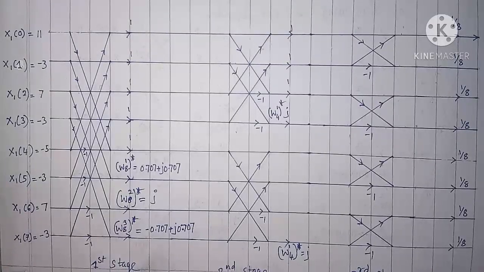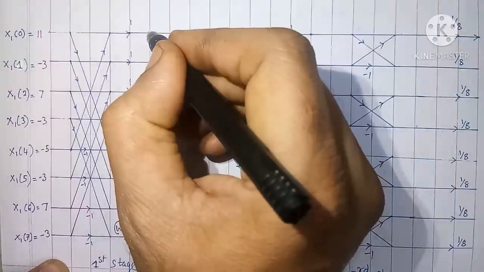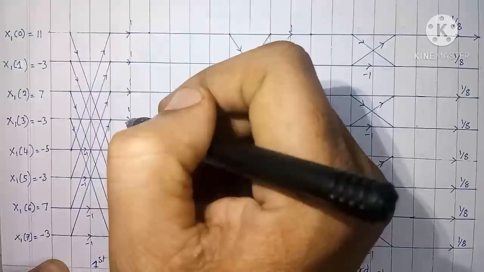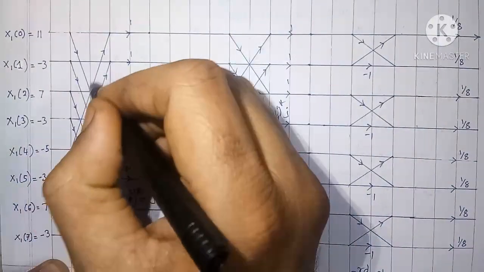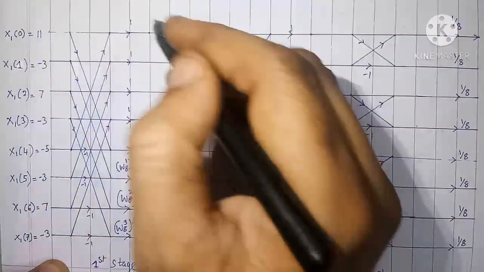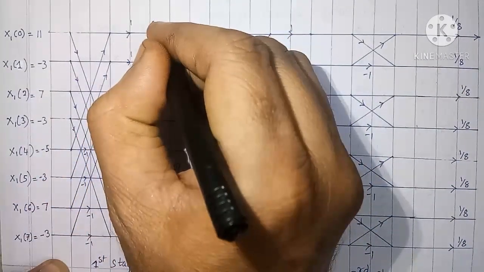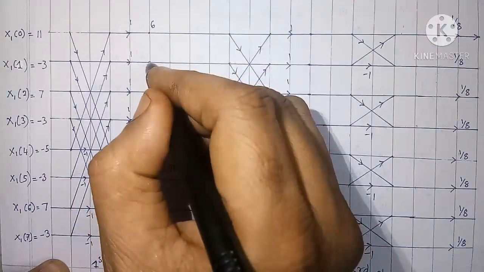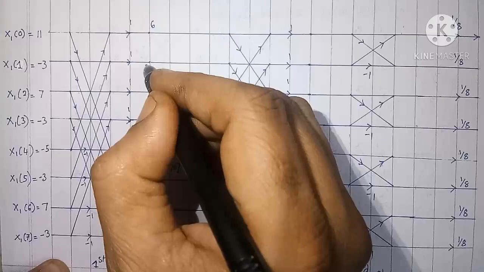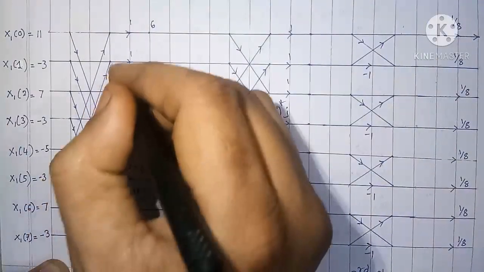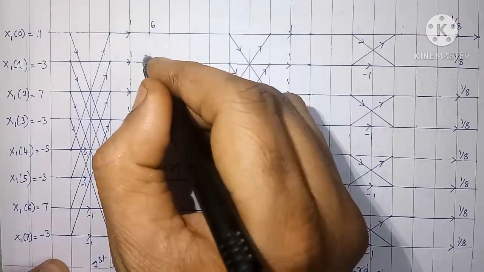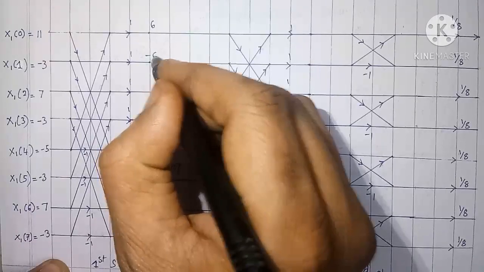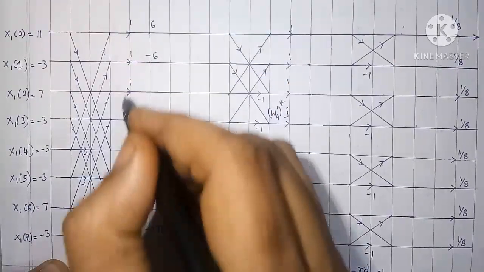Now we will compute the outputs of the first stage. At this point, output will be minus 5 plus 11, that is 6. At this point, output will be minus 3, minus 3, minus 6.